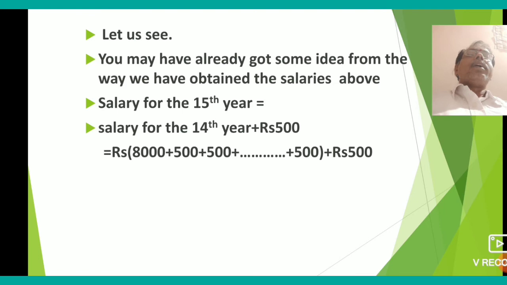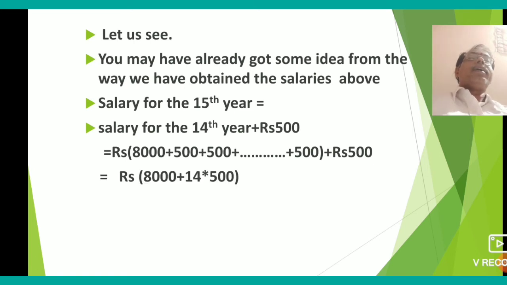Yes, it is 8,000 plus 13 times 500, plus now the latest year, the 15th year, adding the 500 increment. So totally for the 15th year salary we got 8,000 plus 14 500s. Okay, 8,000 plus 14 500s.